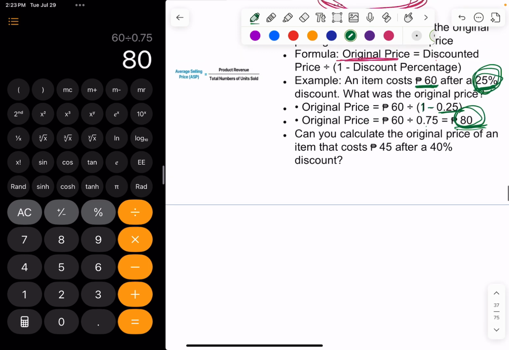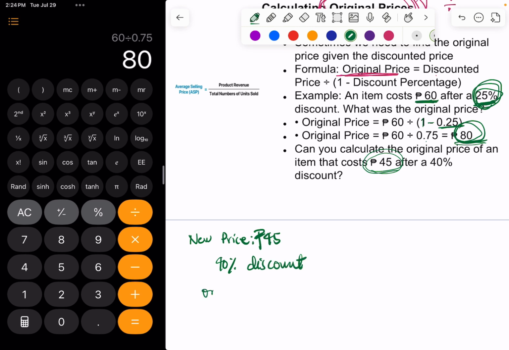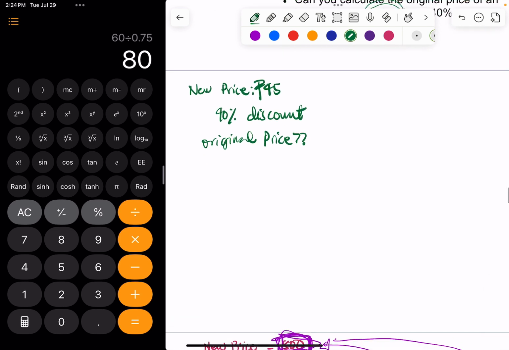Okay, so let's have this. After discount, we know nga ang new price is 45. Okay, we know also na naay 40% discount. Now, what is the original price? So, ang buhaton ra nato is 45.